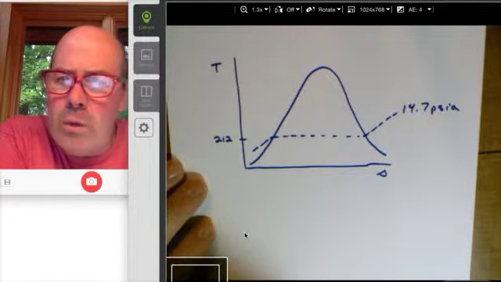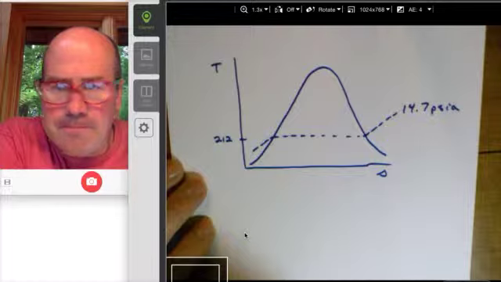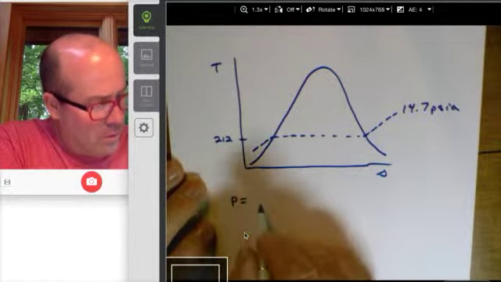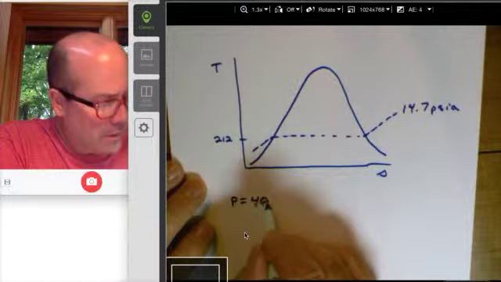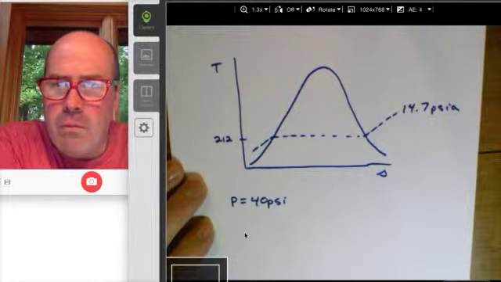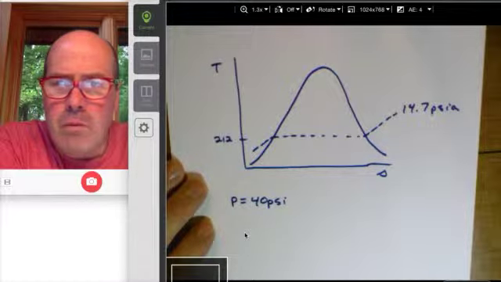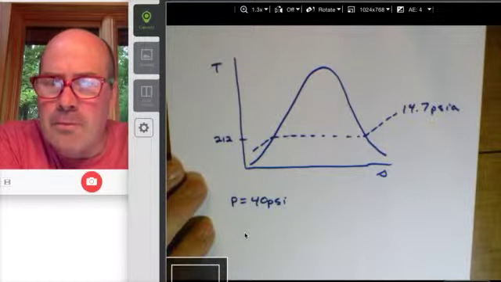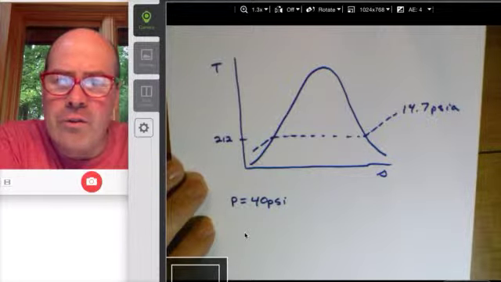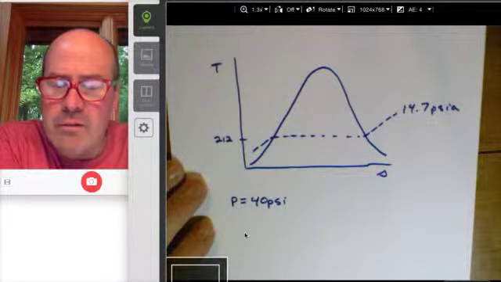Where would the pressure line be for 40 psi? Well, I want you to press pause and look in your steam table and find what is the boiling point for 40 psi.